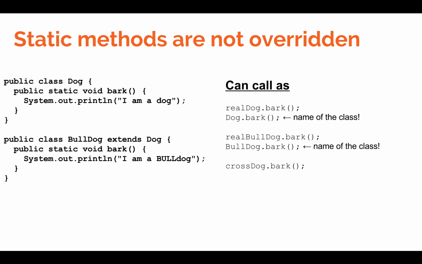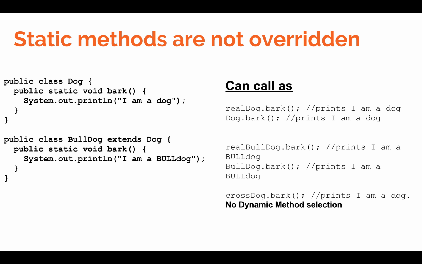What's going to print? I'm a dog. The next one, dog.bark. Scream it out. I'm a dog. Real bulldog.bark. I'm a bulldog. Bulldog.bark. Cross dog.bark. I am a dog. It only looks at the static type. That's it. No dynamic method selection. None of it. Cool? All right.